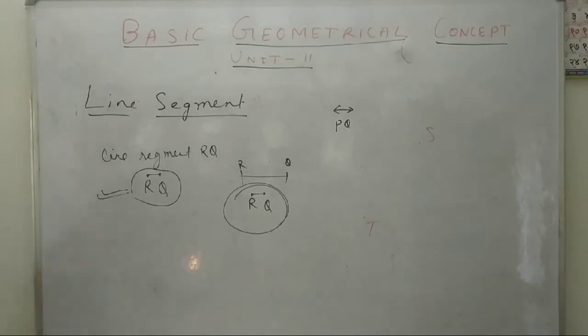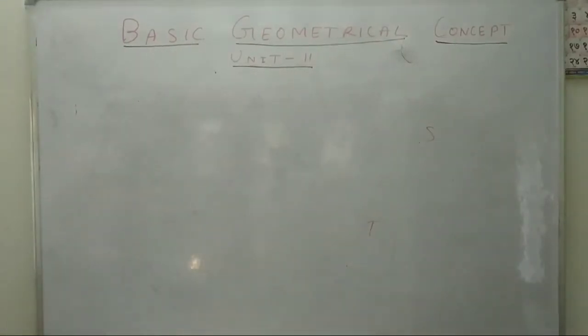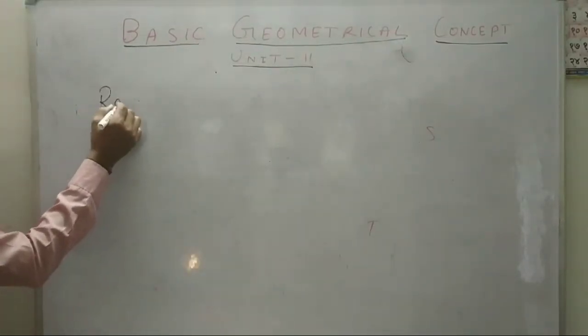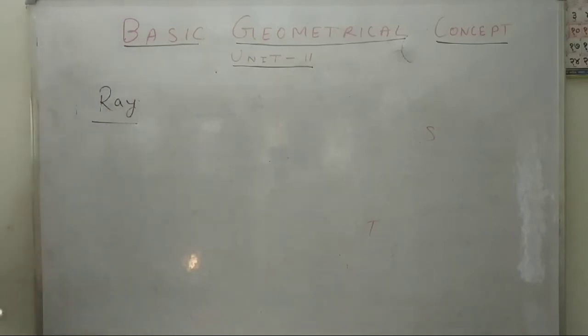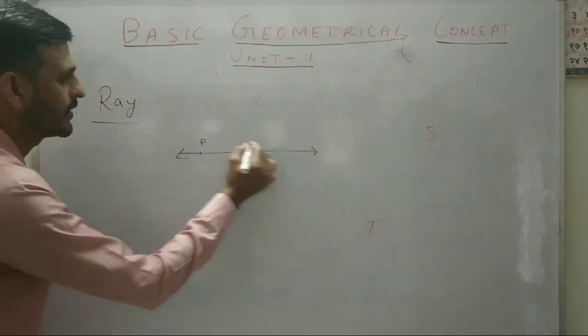Let us move to the next part, that is called the ray. What is a ray? Look. A ray is also a part of a line.